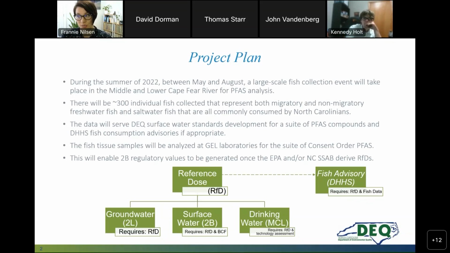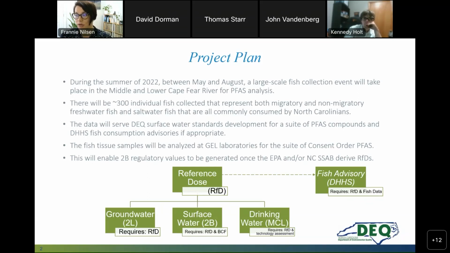These fish tissue samples and our water samples will be analyzed at the GEL laboratories in South Carolina that we have been using to analyze nearly all of the consent order related samples. And so these tissue and water samples will be analyzed for the full suite of the consent order compounds, as well as any others that the method is approved for and we can trust the analytical results of.